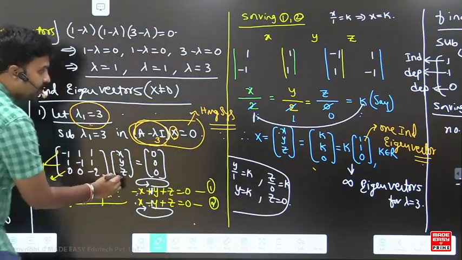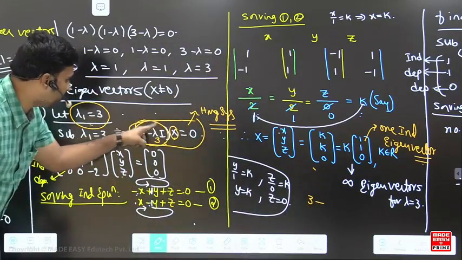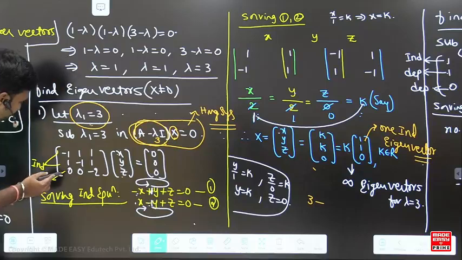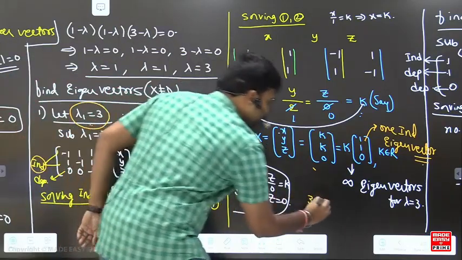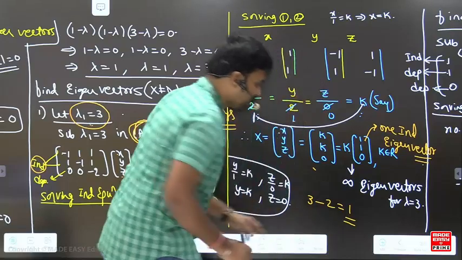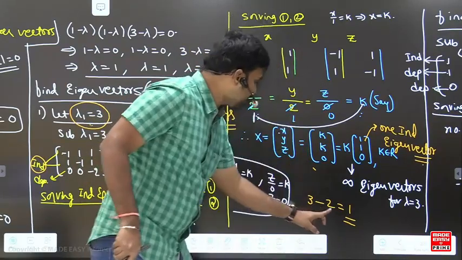X, Y, Z, so 3 unknowns. What is the rank of A minus 3I? The rank is 2, because there are two independent equations. So 3 minus 2 is equal to 1. The nullity of this homogeneous system is 1.